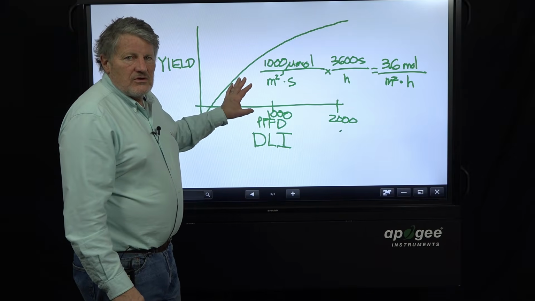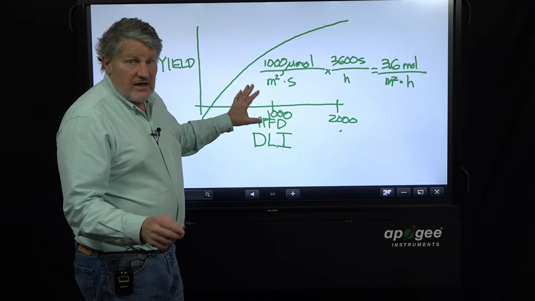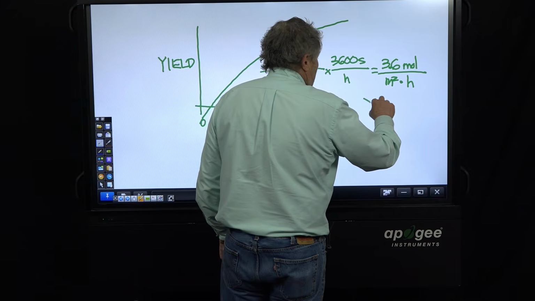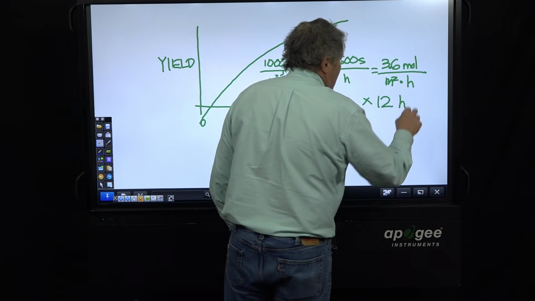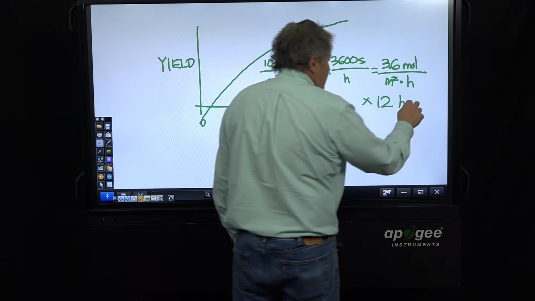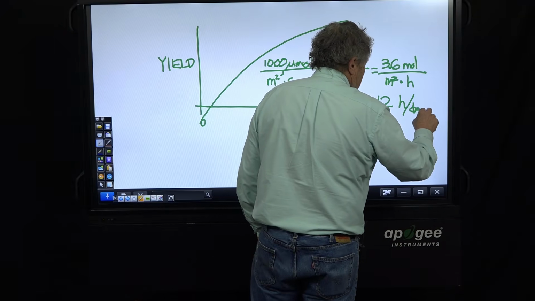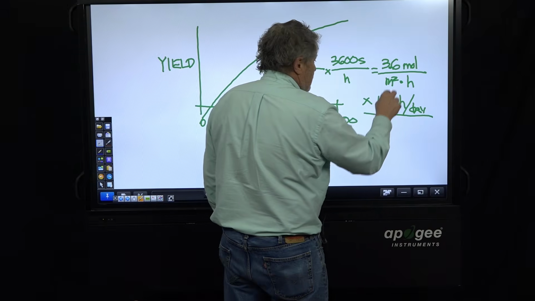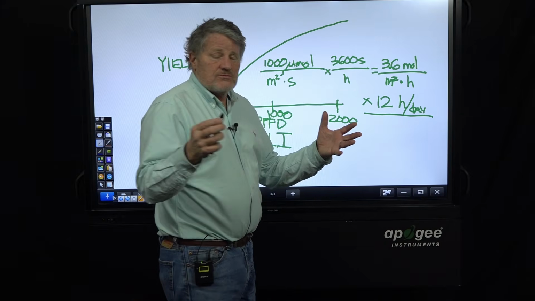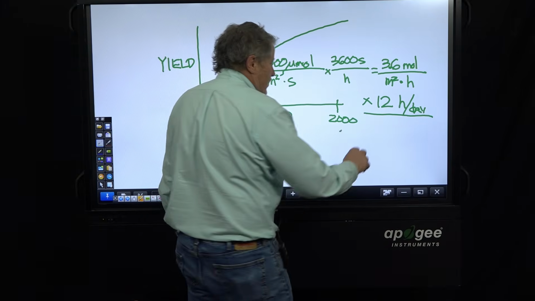For cannabis, when it's in the flowering stage, we would typically give it 12 hours per day. And we multiply these two together, 3.6 and 12. I know this because I've done it so many times.